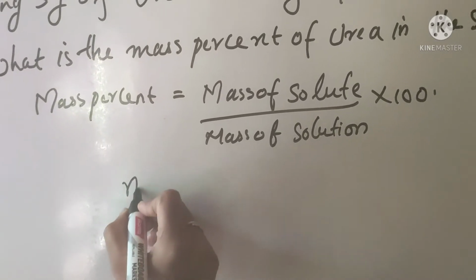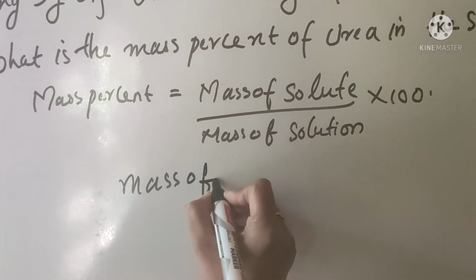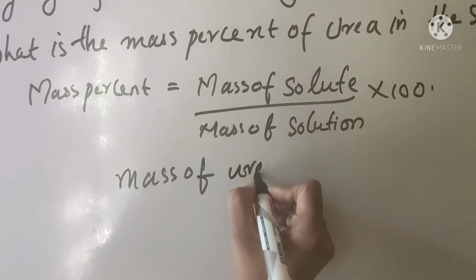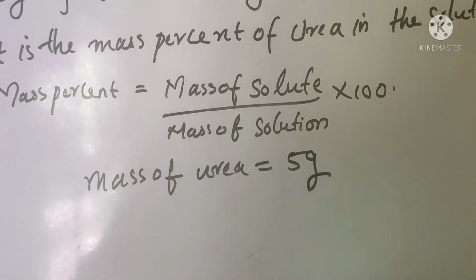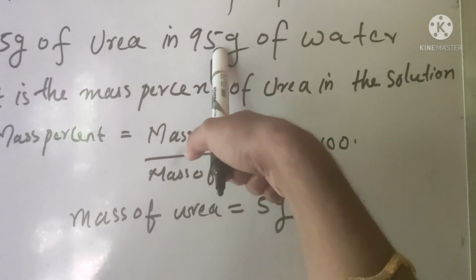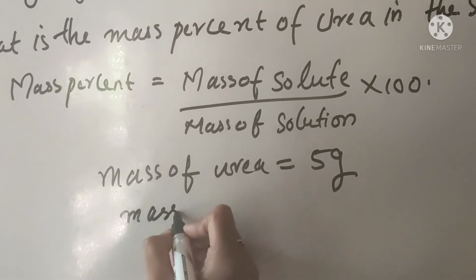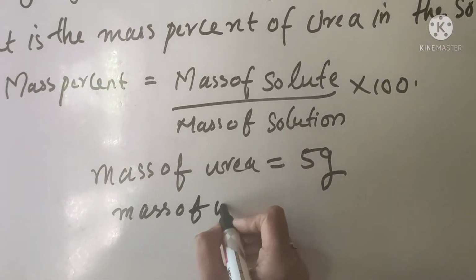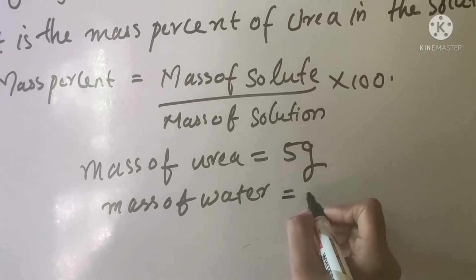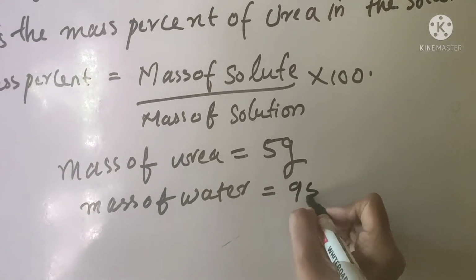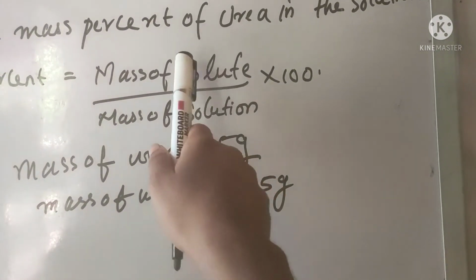Mass of urea equals 5 gram, and mass of water is also given. That is 95 gram.